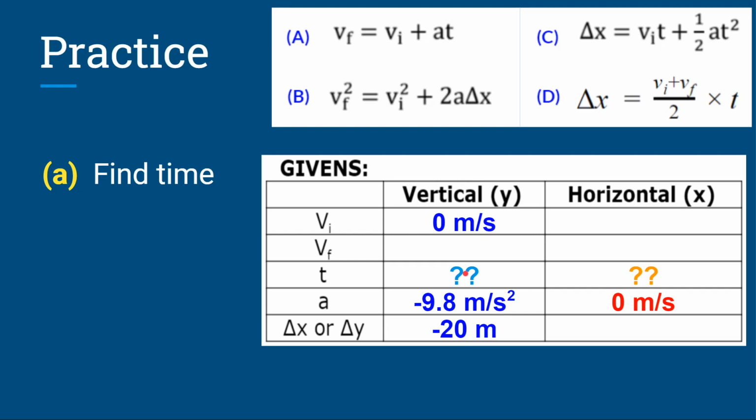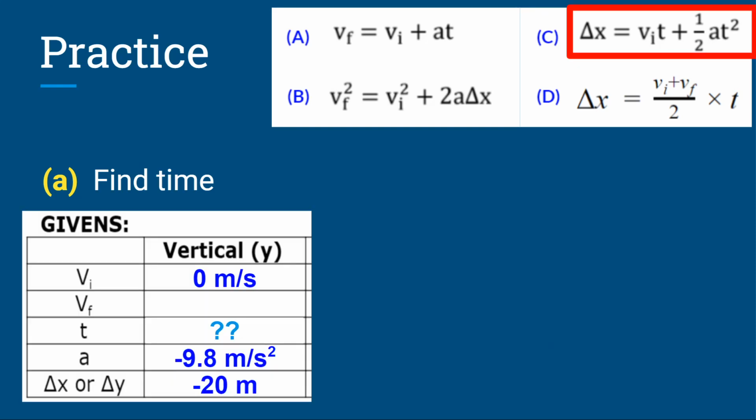If I look at my equations and I'm looking for VI, T, A, and delta x, then the one that I see that I can use to solve it in a single step is going to be equation C on my board. It's also the third one written over there, but it's delta x equals VIT plus 1/2 AT squared. That's what we're going to substitute into.